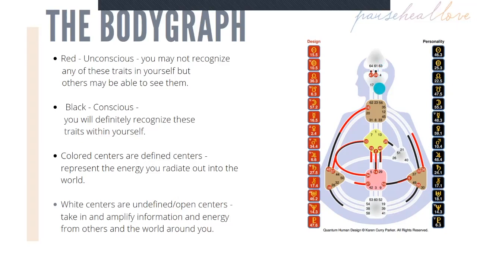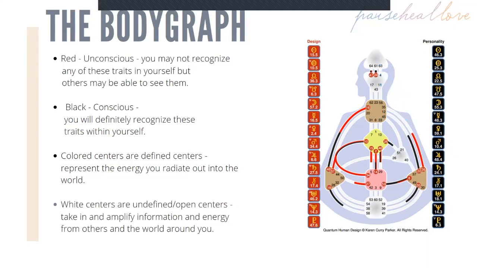The 9 shapes within your body graph, whether they're colored or white, are your centers. Colored centers are defined and represent the energy you radiate out into the world. These are the aspects of your personality that are true all of the time. White centers are undefined or open.